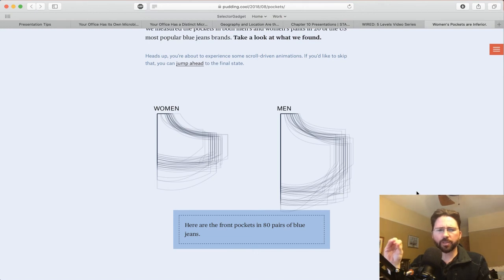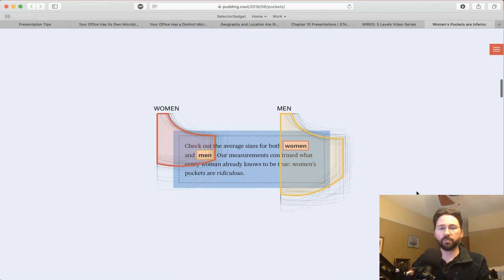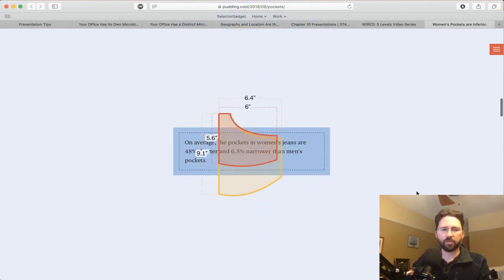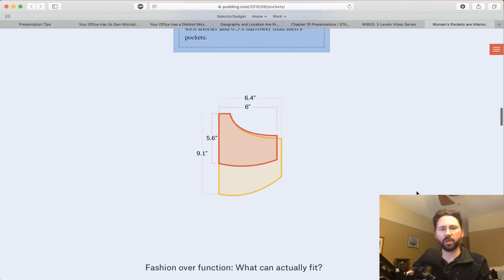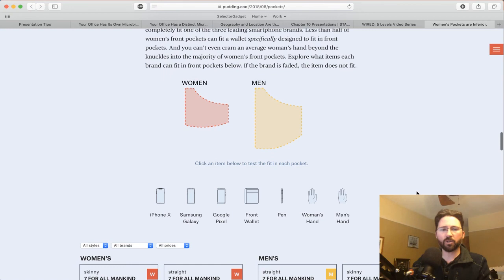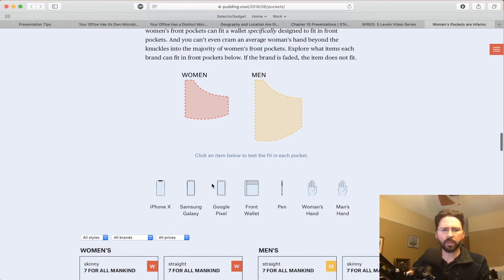And to do this, they then turn around and start asking, well, what about skinny jeans versus non-skinny jeans? What about a whole bunch of other things, front pockets versus back pockets? Now they do a little bit more comparison about how those pockets look. I think we then turn around and say what can fit in these things, so you can go and grab, at least I think you should be able to.